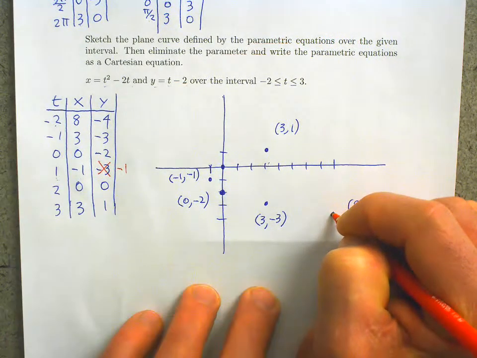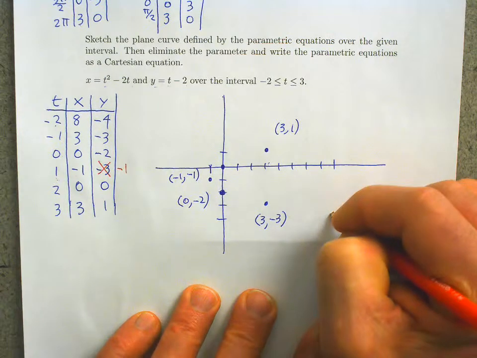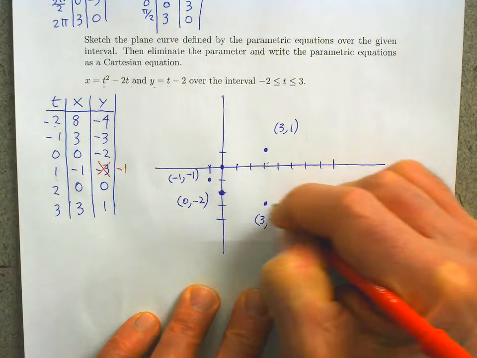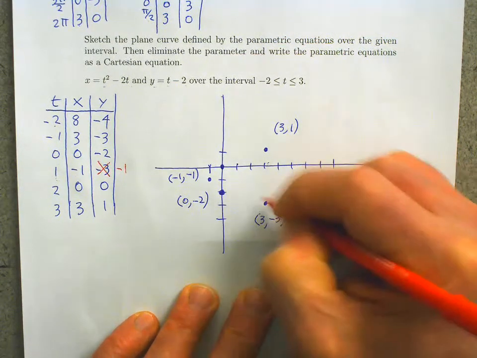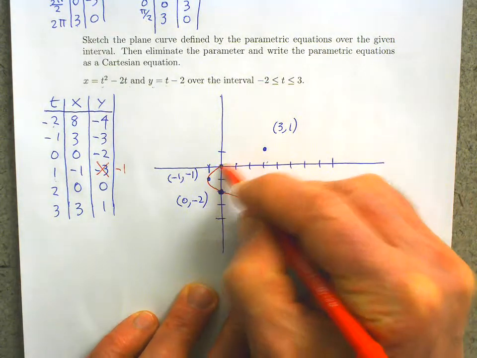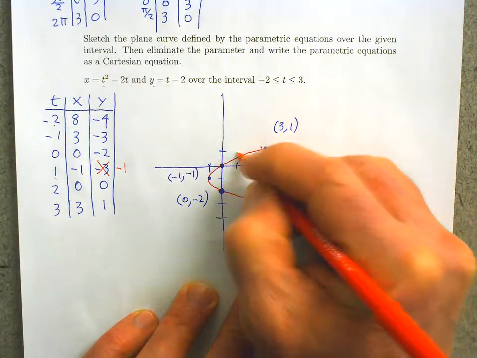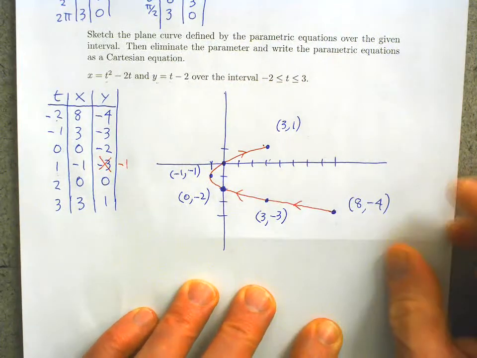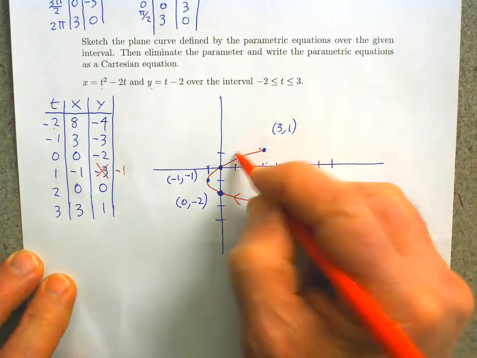Okay, so this was our first point. So the orientation is moving in this direction. So just put 2 or 3 arrows to indicate the orientation.